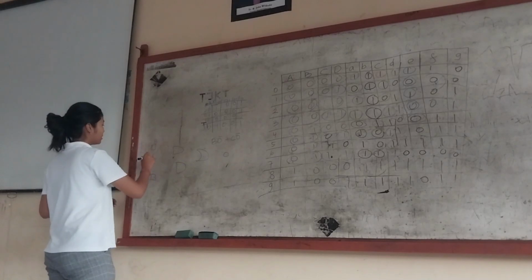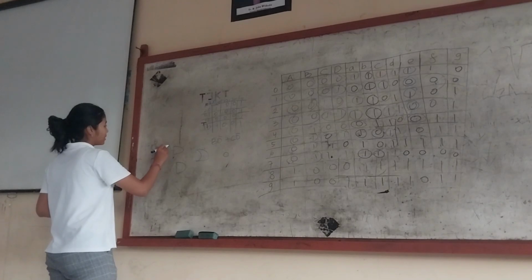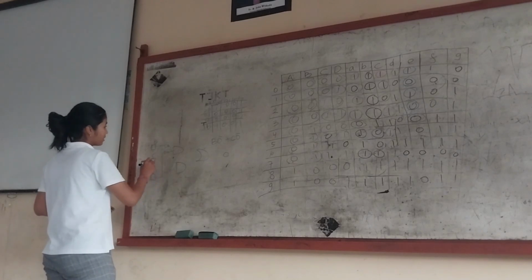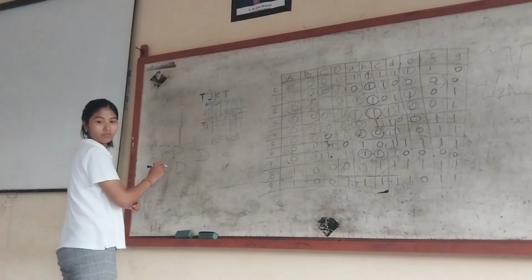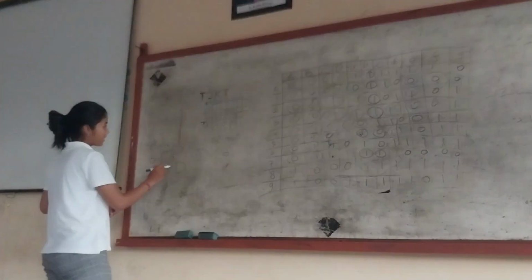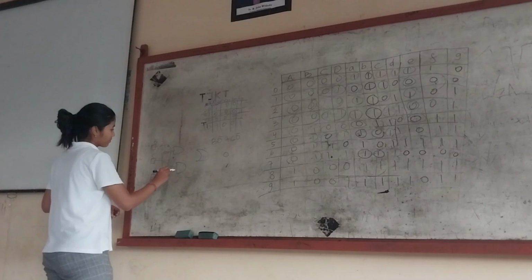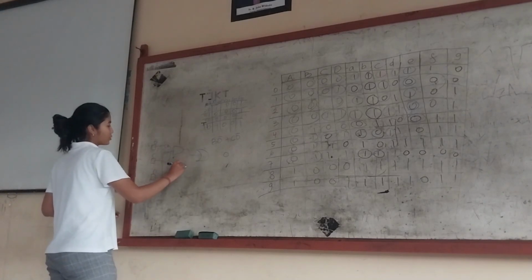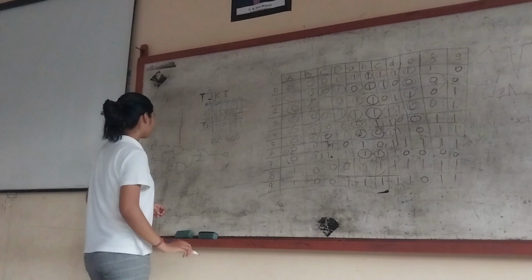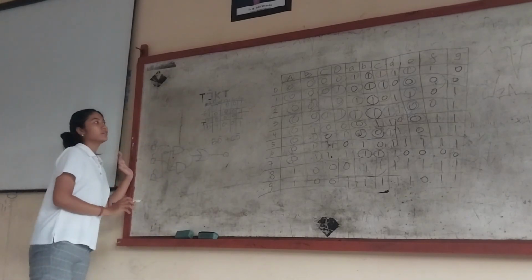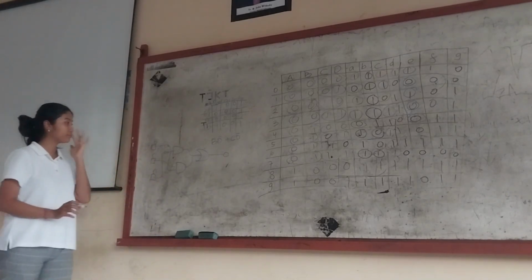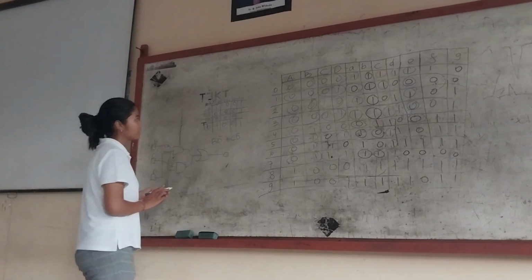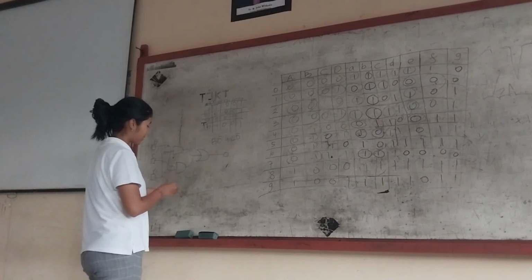This is B, this is C, and this is D. The inverted, the inverted, C, and the inverted. And we connect it to the OR gate, and so this is the final result of the E circuit. So I will next do the F circuit.